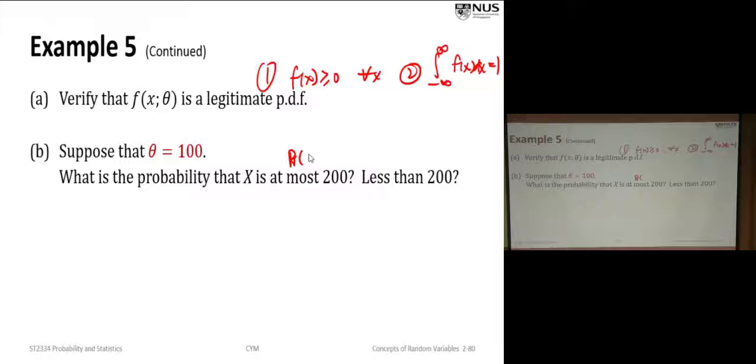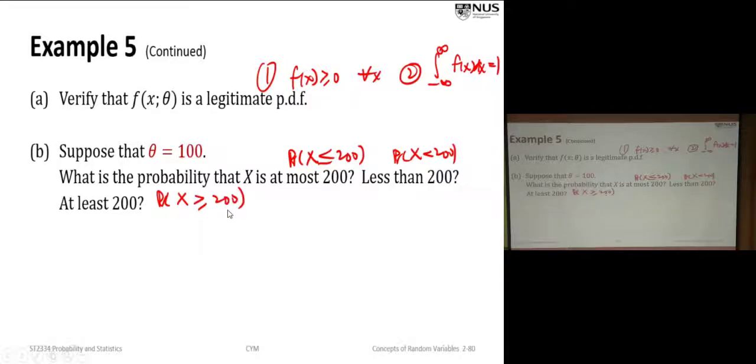That means what is the chance that x is less than 200, and at least 200, that is, bigger than 200. So these are the probabilities that we are asked to find. Since it's continuous, basically these two are the same.